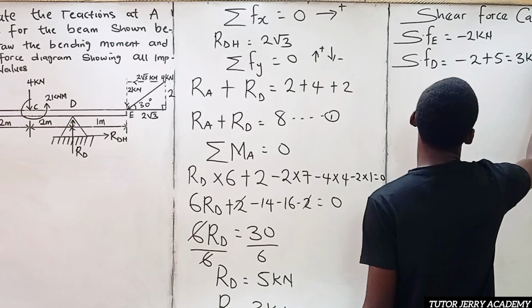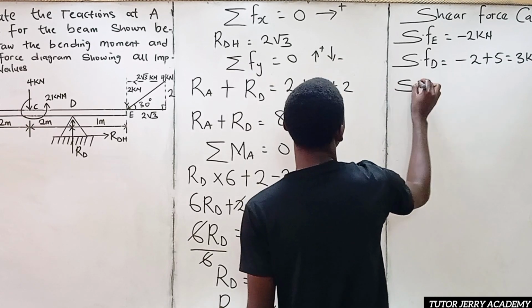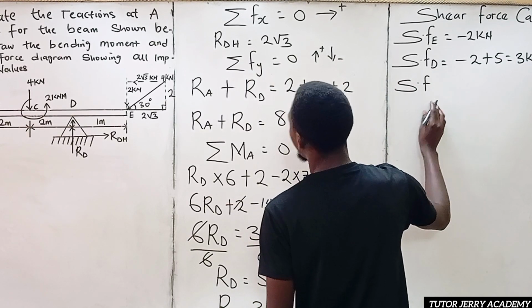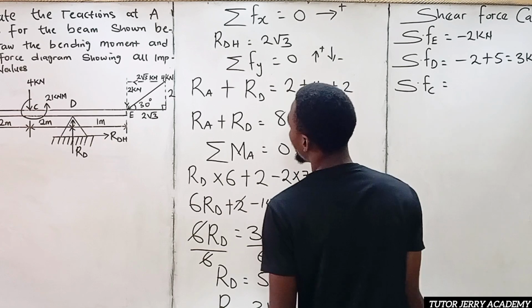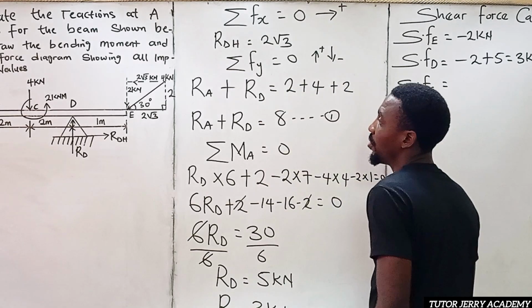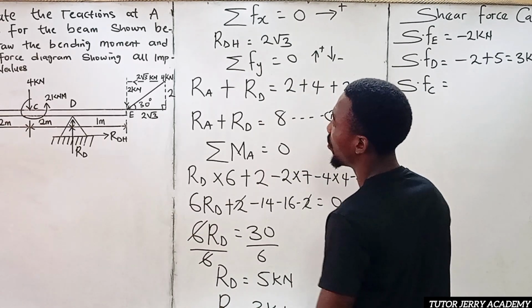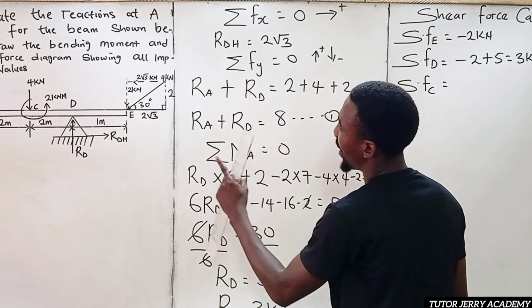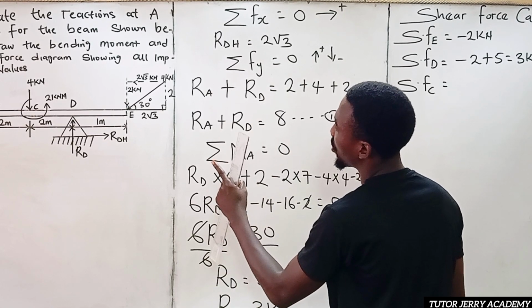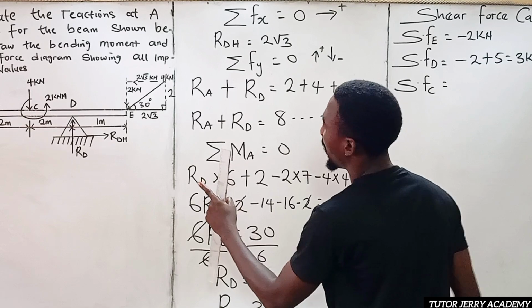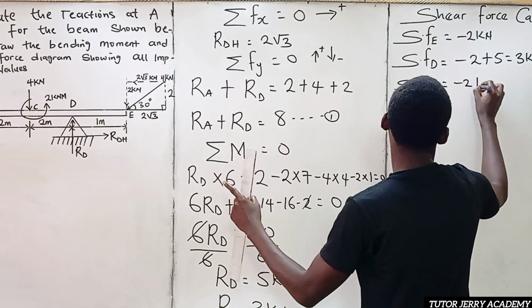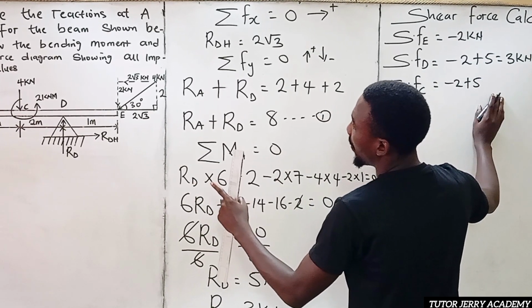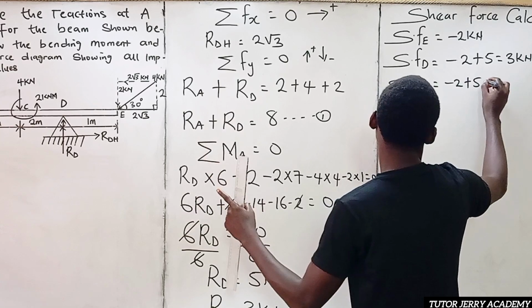So this is going to be 3 kilonewton. So the next one is the shear force at point C. So this will be equal to, if you stand at point C, you are going to have minus 2 minus 2 plus 5 then minus 4.